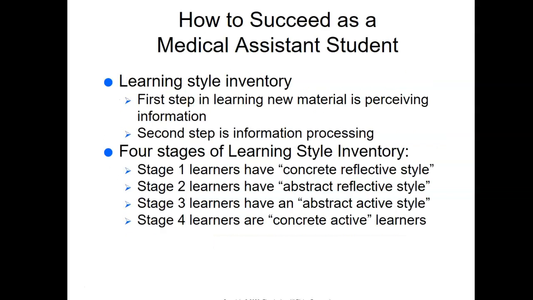How to succeed as a medical assistant student. The learning style inventory. The first step is learning new material and perceiving information. And your second step is information processing. Some learners are apt to watch, observe, and use reflection to think about and learn the new material.